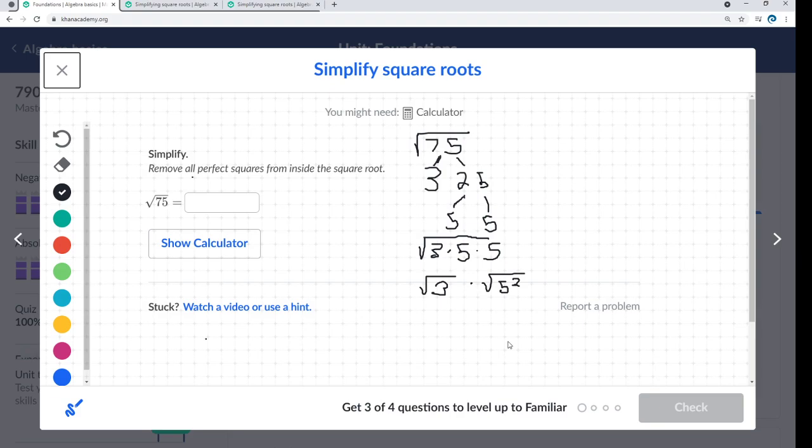Is that what we do, right? So that we have these 2 here. I don't think we needed to do that, did we? 3, square root of 3.